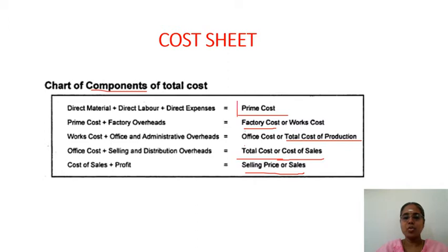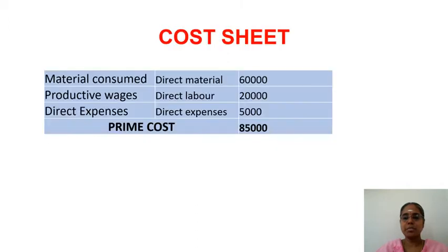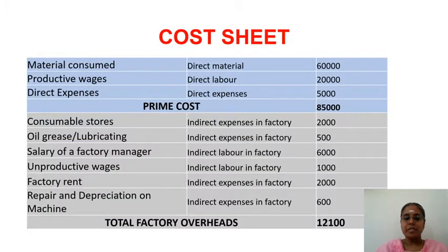We'll go into the details. We already know what things are listed in prime cost. So direct material, direct labor and direct expenses, the total of these is your prime cost. So 60,000 plus 20,000 plus 5,000 is your prime cost. Next, you are finding the various factory overheads.